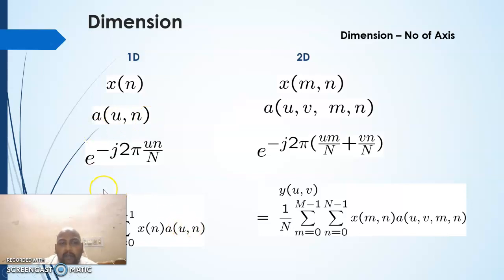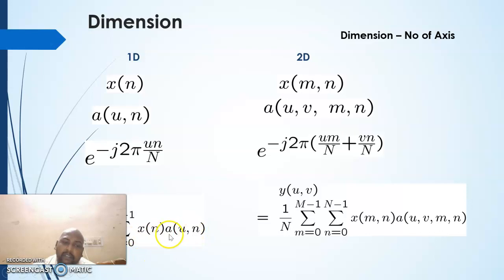The output expression, which corresponds to the input and transformation function, we can represent as y of u is equal to 1 by root n summation n is equal to 0 to n minus 1 x of n a of u comma n.